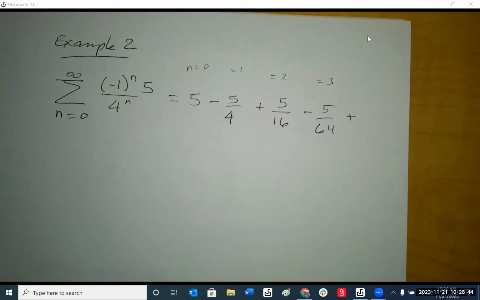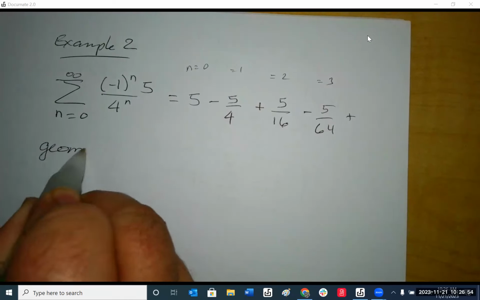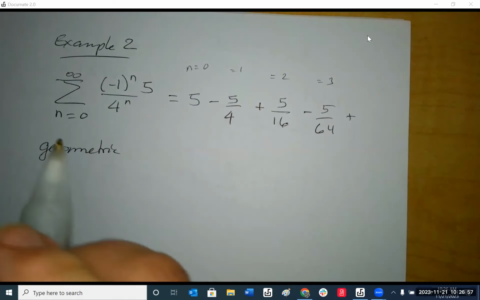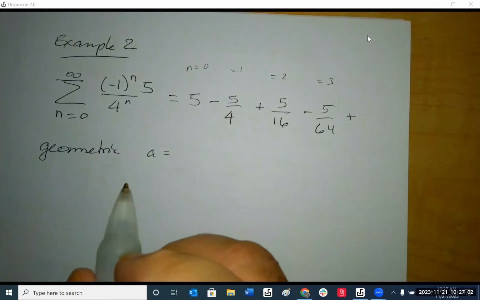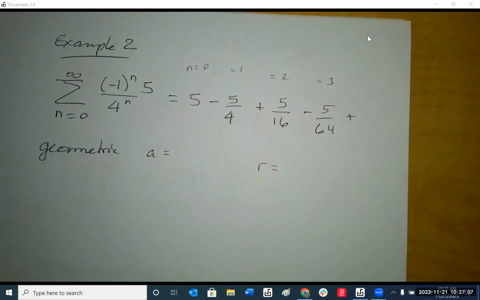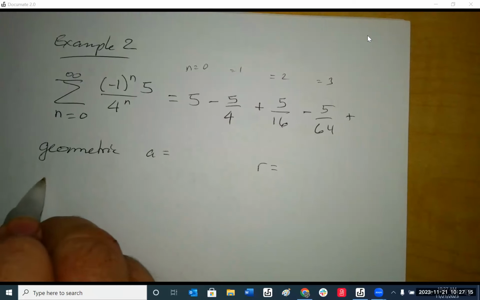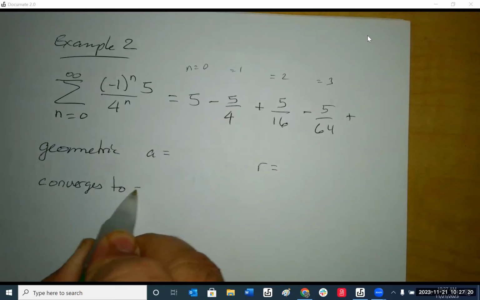All right. It says the series is geometric. Yeah, because it's multiplied. So what would A equal? And then what would R equal? And then it converges to what value?